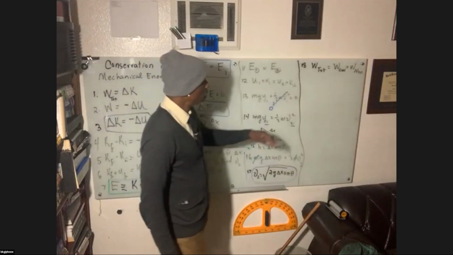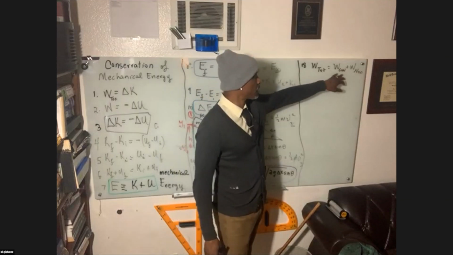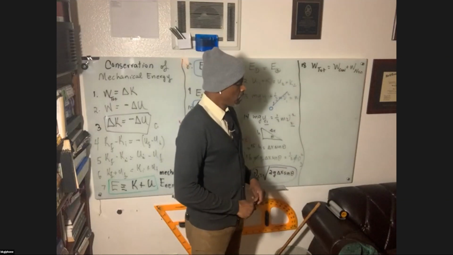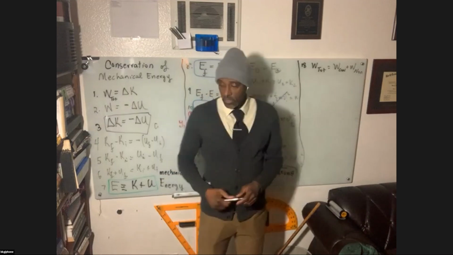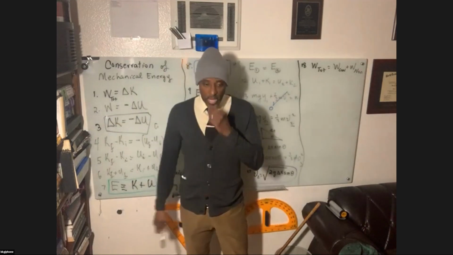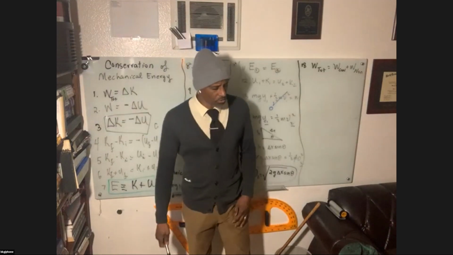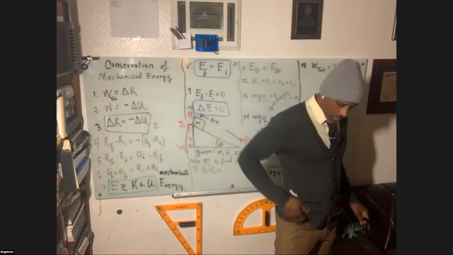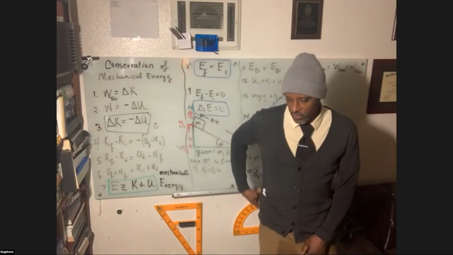So work total is equal to work done by conservative forces plus work done by non-conservative forces. And I'll just change this here. Now, let's consider equation 2. I'm going to ask you a little verbal quiz question.